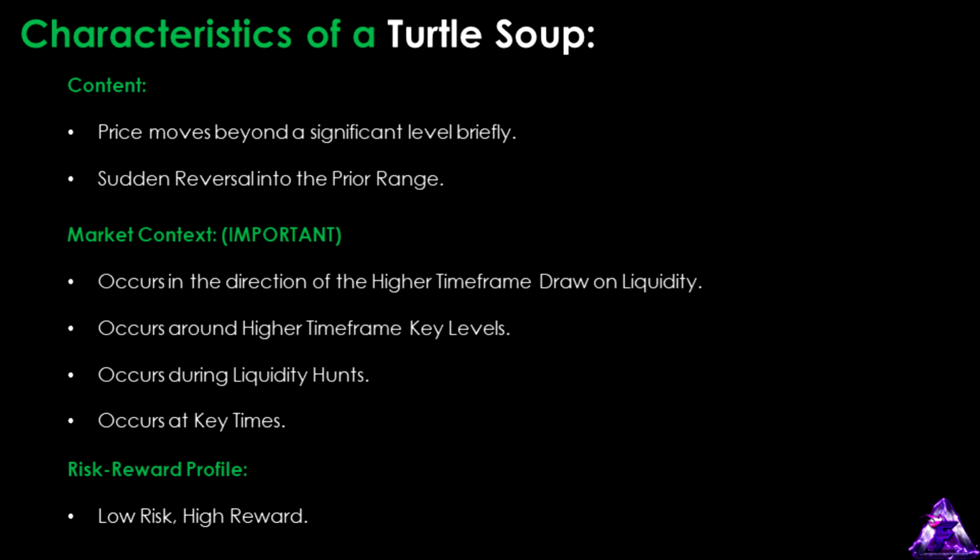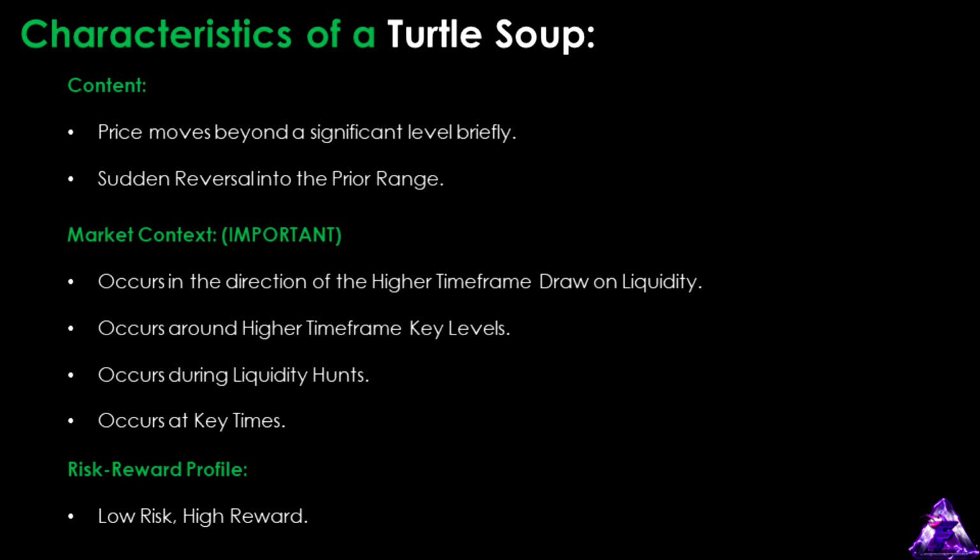For example, if the higher time frame draw on liquidity level is higher, you would look for an entry where price manipulates below a candle range low, a swing low, or a previous day's low before reversing higher. Conversely, if the liquidity draw is lower, you would look for price to reject above a high, a candle range high, or a key level before reversing lower.